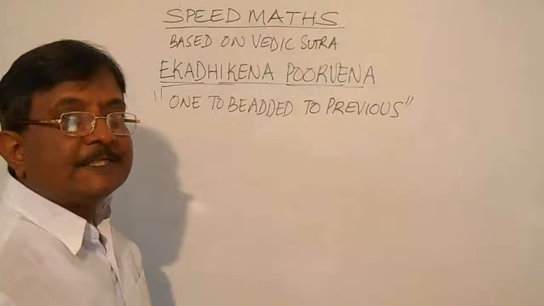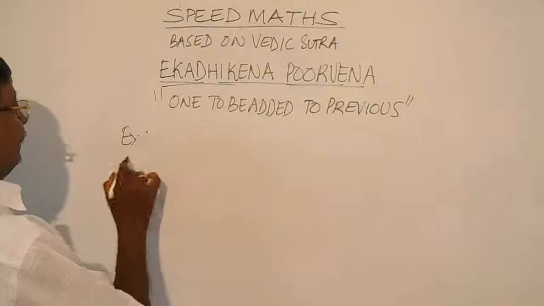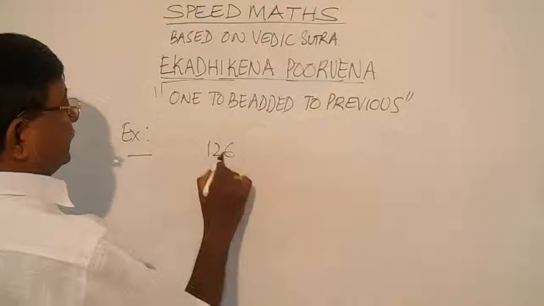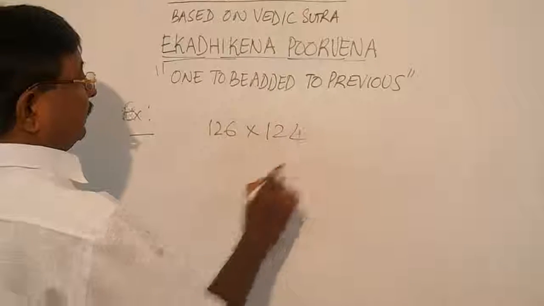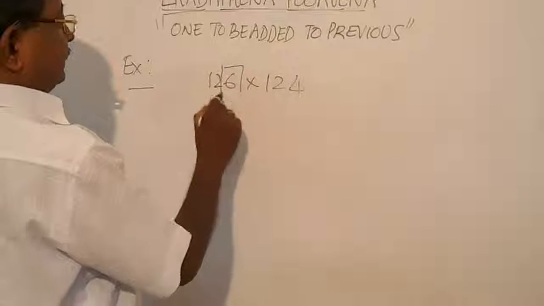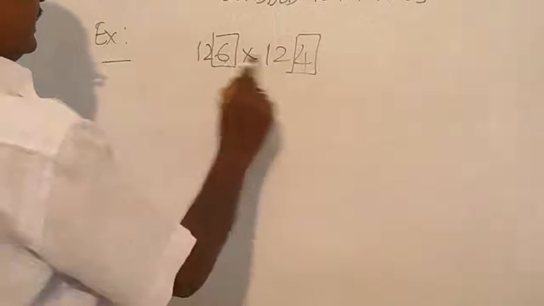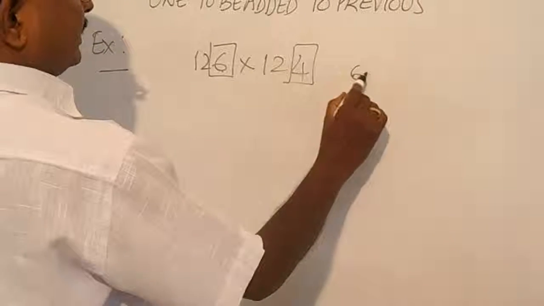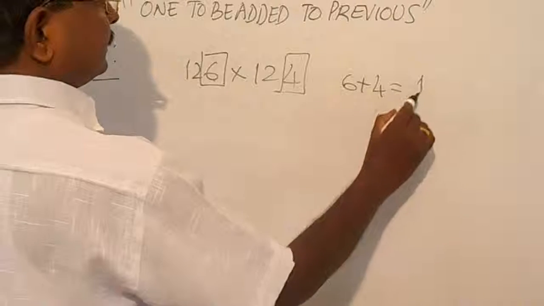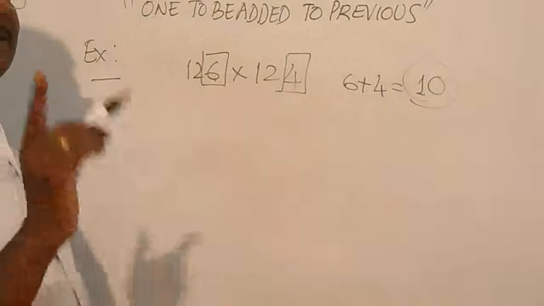Now we'll see 3-digit multiplications. Example: 126 into 124. We'll see the situation here. The last digits of the multiplier and multiplicand, that is 6 and 4, 6 plus 4 is equal to 10. So it meets the first requirement, that the sum of the last digits is equal to 10.